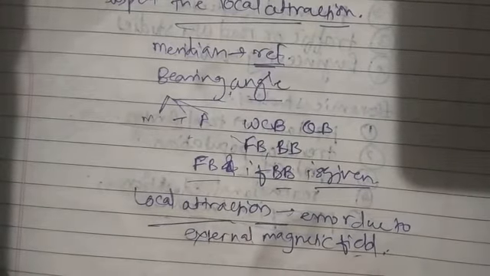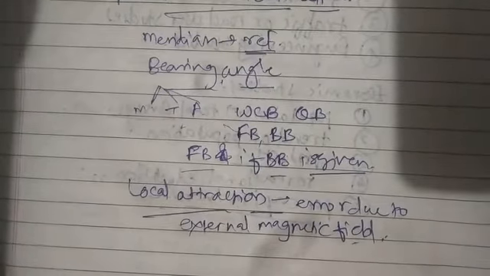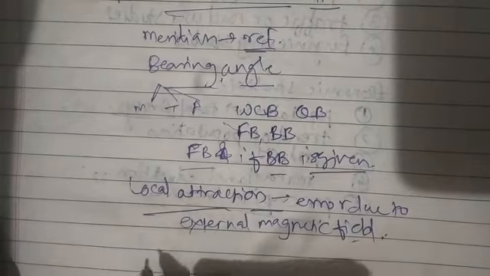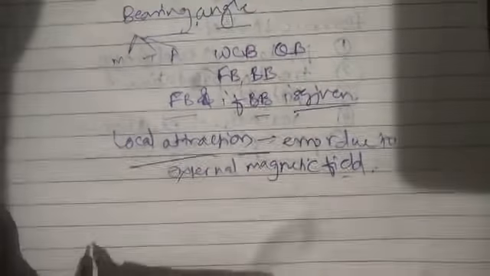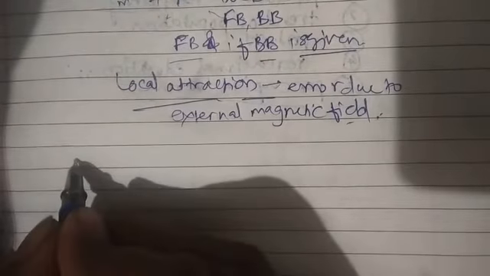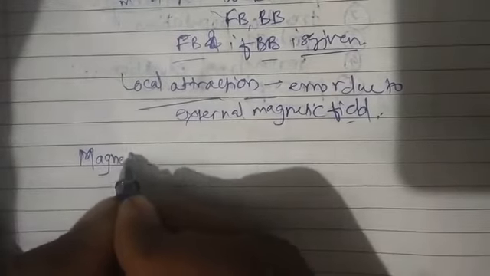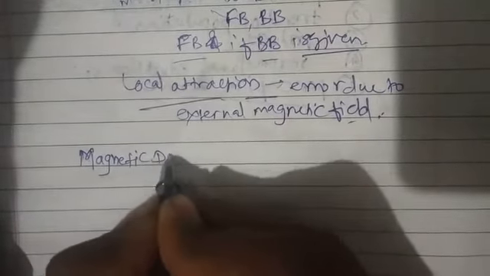Error arised in the magnetic needle due to external magnetic field, that is local attraction. Today we'll discuss the next part of chapter. In that we'll start with the definition of magnetic declination.